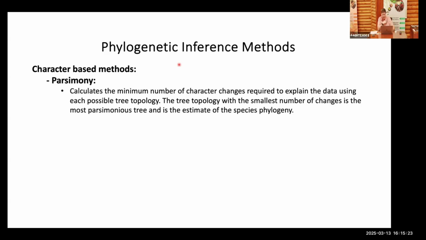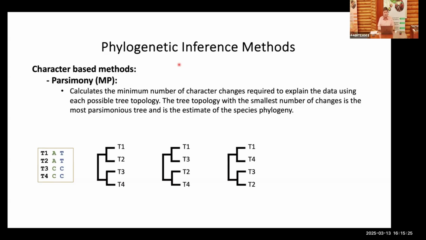So what do I mean with that? So here, and this is really just a very, very simple example, we only have 4 taxa. So therefore, there are only 3 different ways that you can rearrange these taxa, rearrange the relationship between these taxa.